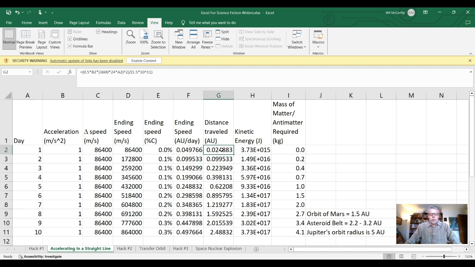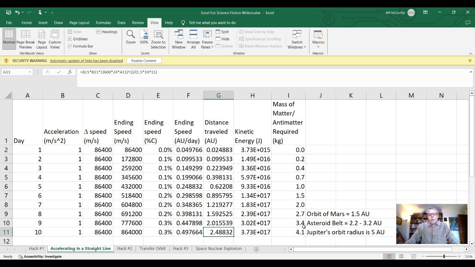And if we look at what that does to distance, again, at the end of that first day, we've only gone 0.025 AU, not very far in terms of the scale of the solar system. But by the end of that 10th day, we've gone about 2.5 AU. So again, with this very gentle acceleration adding up over time, we've gone 2.5 times the distance from the sun to the Earth over just 10 days.